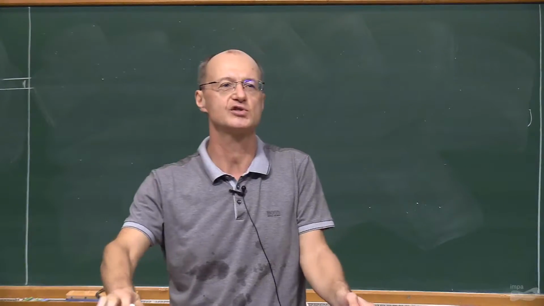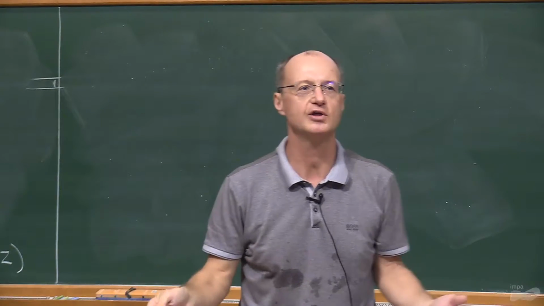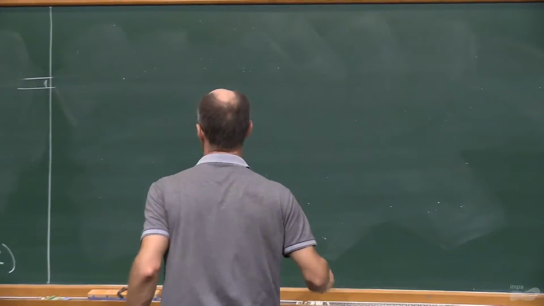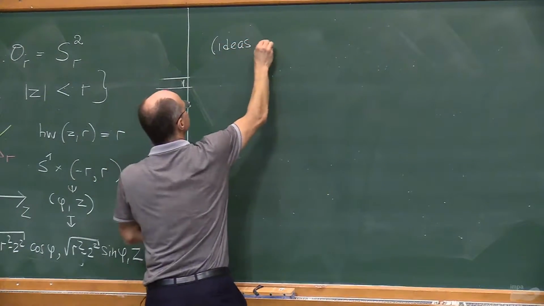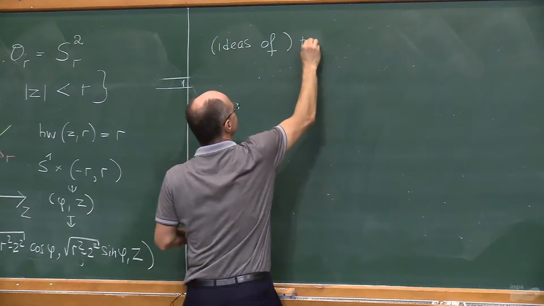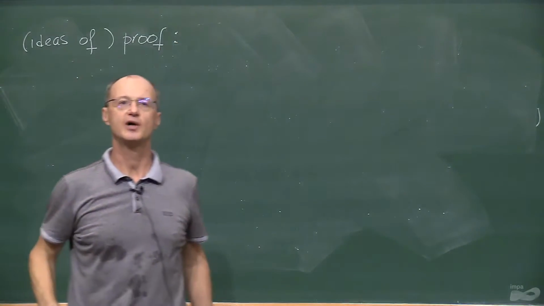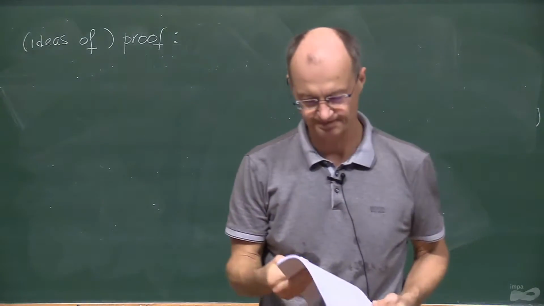Whenever it comes to some dirty work, I just basically don't mention it. Of course, you can always ask me. And we're only going to speak about coadjoint orbits. We're not going to speak about multiplicity-free spaces.